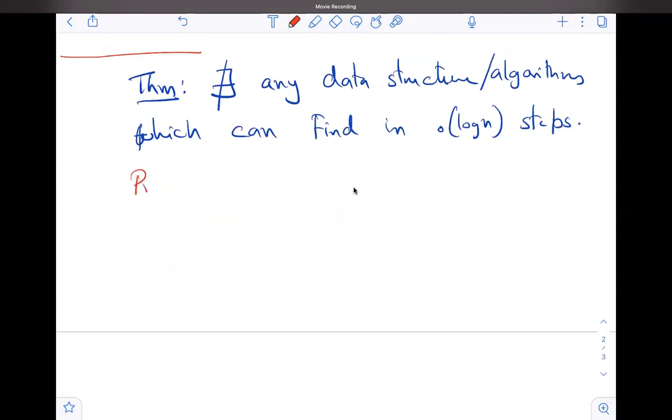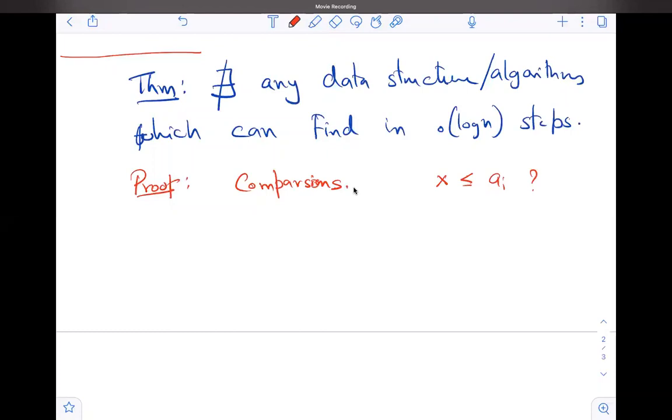So here is the proof. All these algorithms are based on what is called comparison. You are basically going to ask, I have an x, is x less than ai or not? And accordingly you make some move.